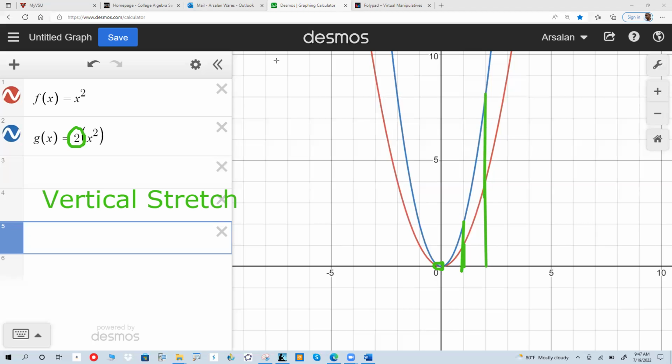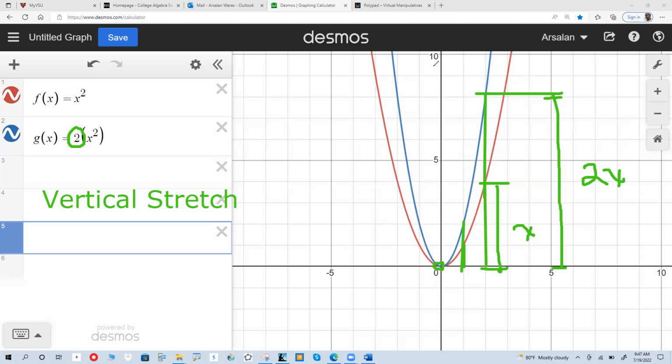So what we are trying to say is if this is whatever this is, this will be 2 times that. And it's called a vertical stretch. What is a vertical stretch? Everything on the x-axis stays where it is. Everything else is stretched away from it.